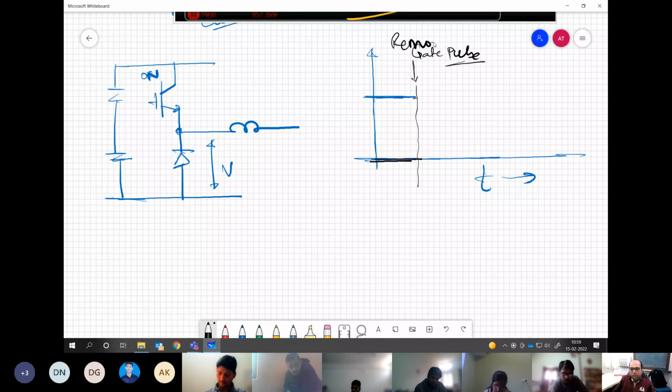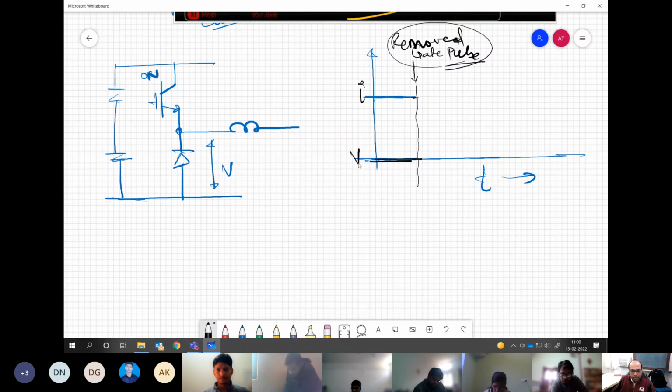That is a better way to say. At this point, we have removed the gate pulse, which means the device is bound to come out of the conduction mode. It is going to go into the blocking mode, but how will that happen? That is what we have to see here.